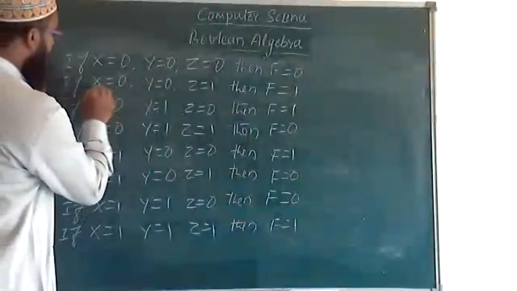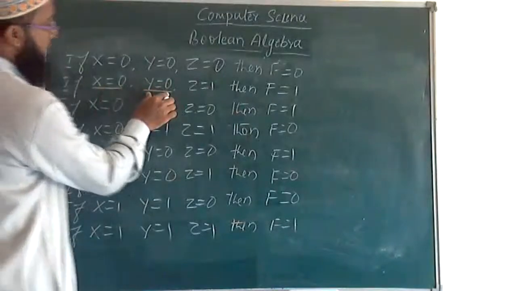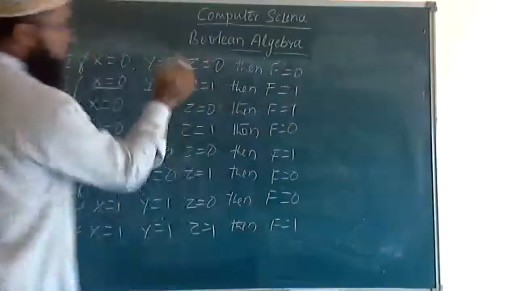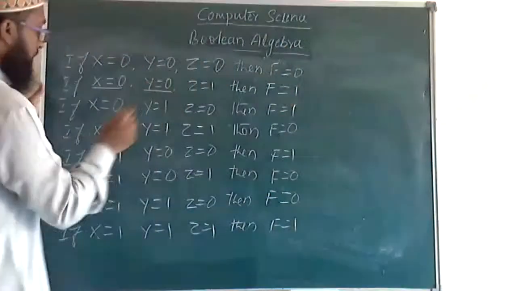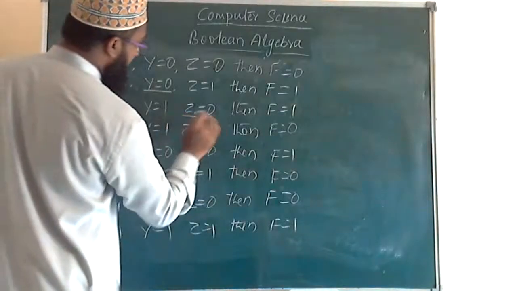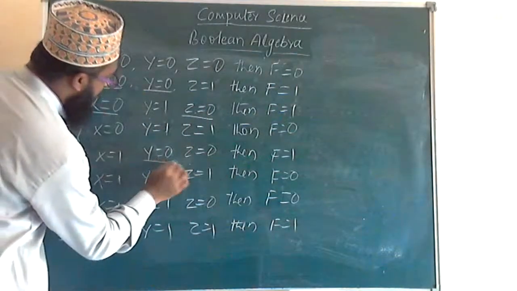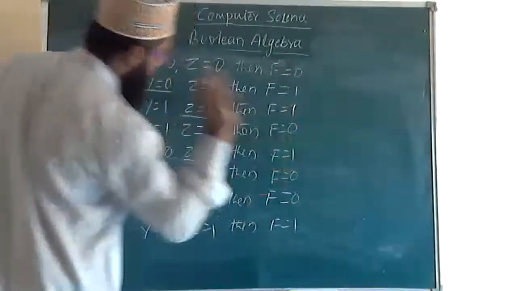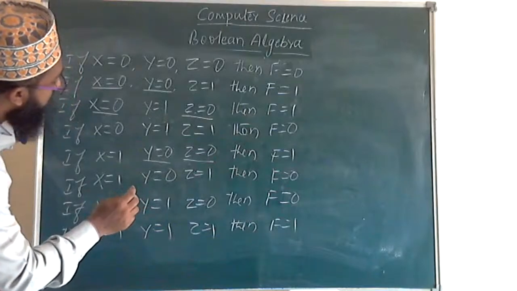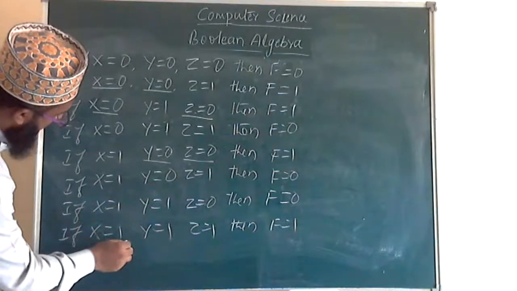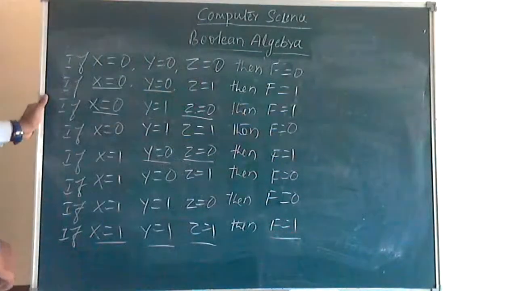Here x is 0, y is 0. If two are zeros, then f is 1. If there are 3 zeros, here it will become 0. X value 0, z value 0, f equals 1. Then y value 0, z value 0, then f is 1. And last, x 1, y 1, z 1, f is 1.